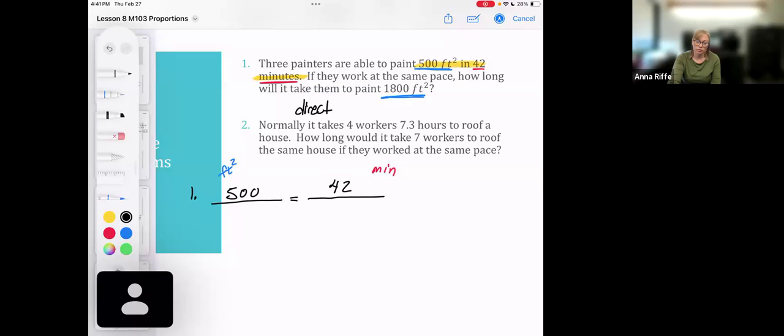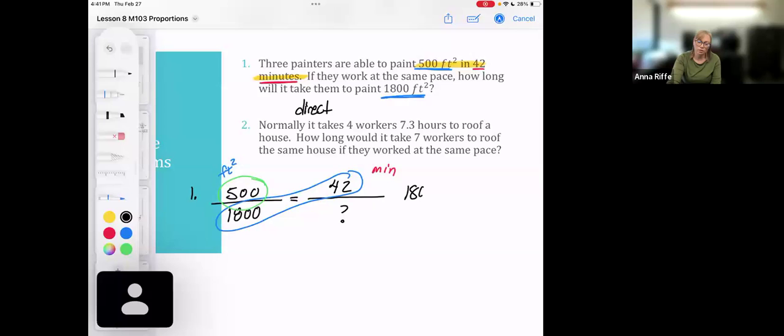We're asked for an amount of time. How long will it take for them to paint 1,800 square feet? To solve this, I'm going to multiply those two, divide by that one.